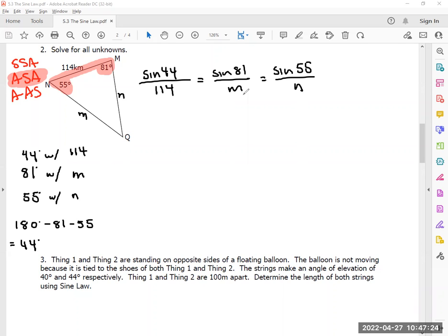You can shrug your shoulders, no problem. Brandon, what about you? The question was, why is this formula a little bit more inconvenient than the other one? Why do you think?